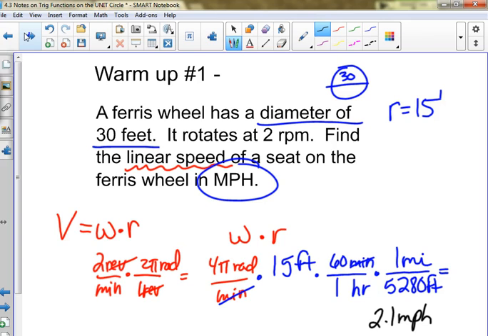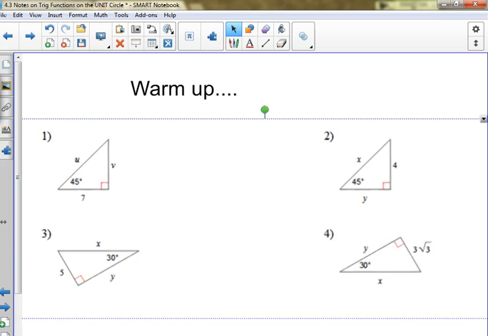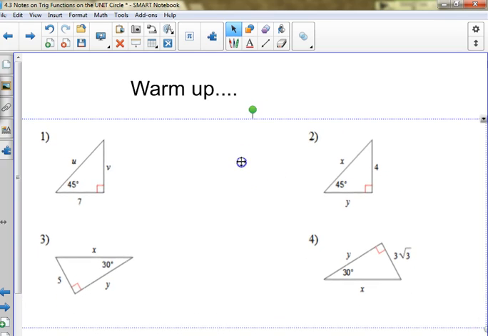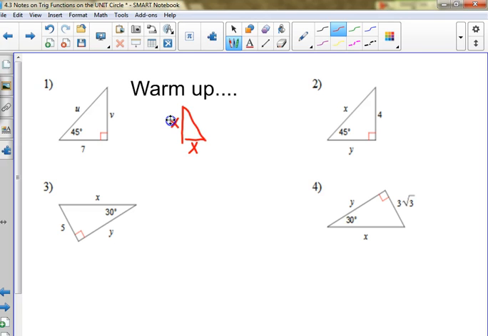Okay. Let me see if I can make these a little bit bigger. They look kind of tiny because you don't have them either. Do you remember your special right triangles? Well, we need to today. The 45, 45, 90 is x, x, and x square roots of 2.